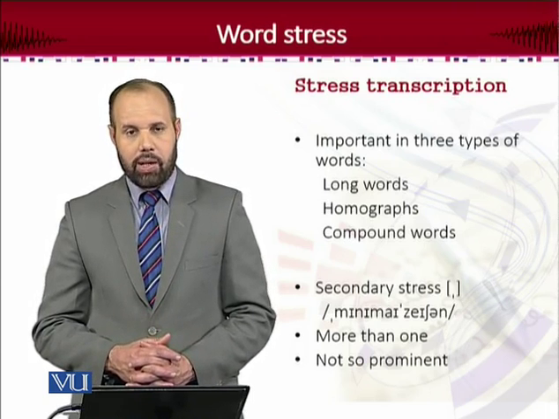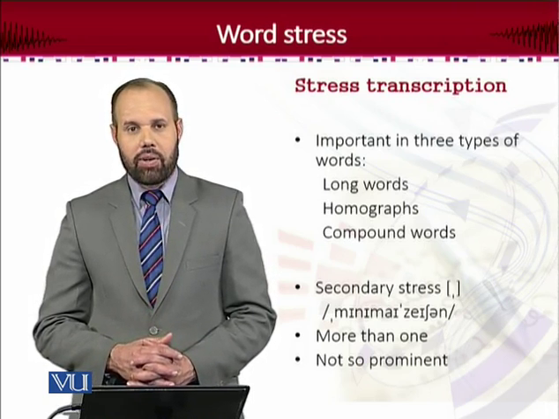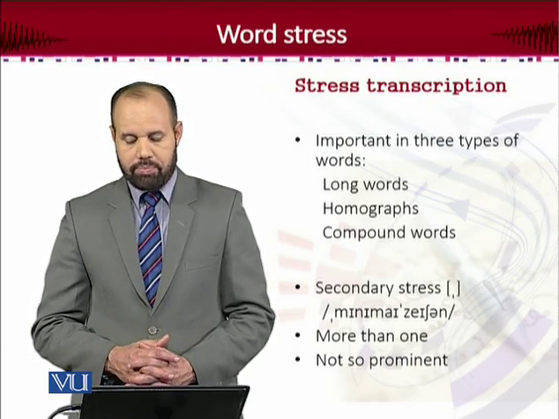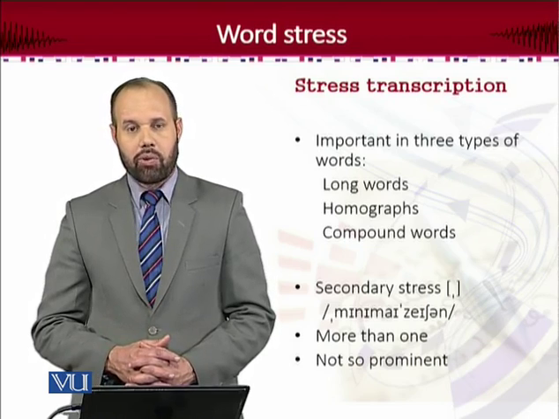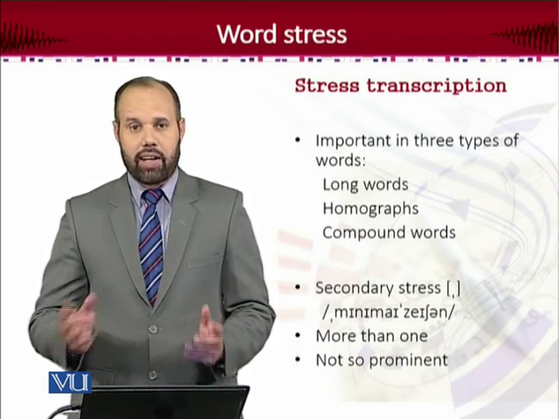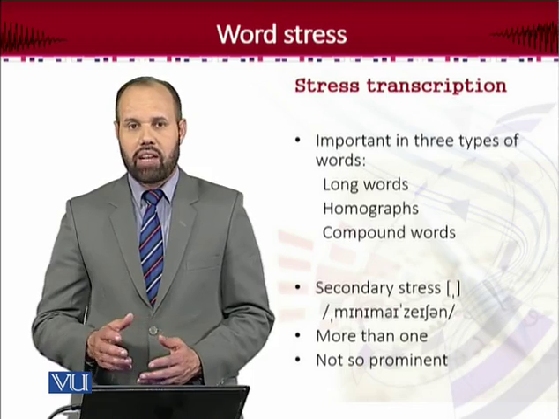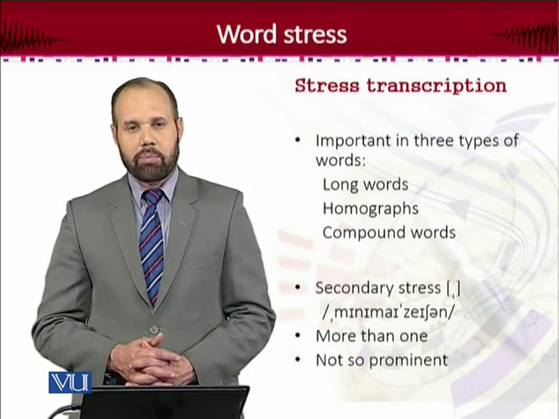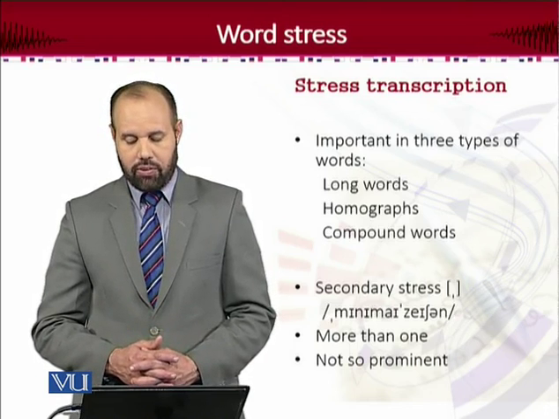And the first syllable, mi, is where the secondary stress is put. And secondary stress could be more than one if the word is really longer, like 4, 5, or more syllables. Then we can put more than one secondary stress.